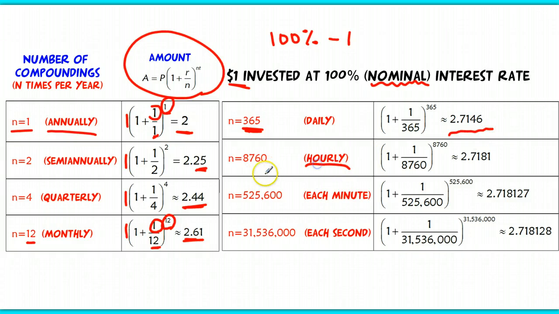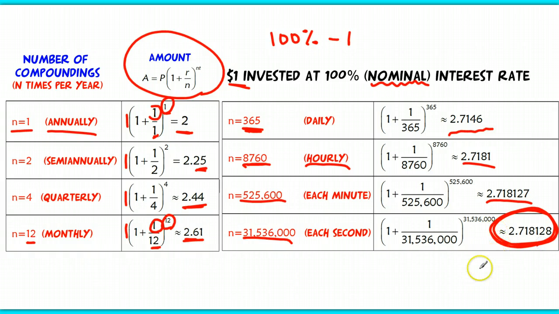If we do it hourly and we really start raising that amount, do you guys notice something significant about where it ends up? I hope that you recognize that as e. Remember, Andrew Jackson, right? Fun. I know you guys love that story. So you do recognize this as e.